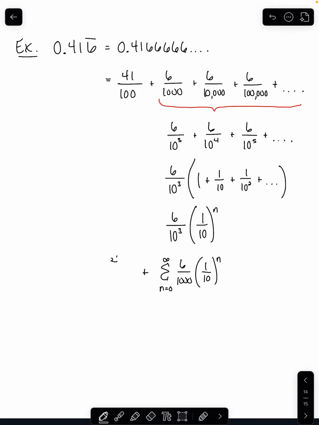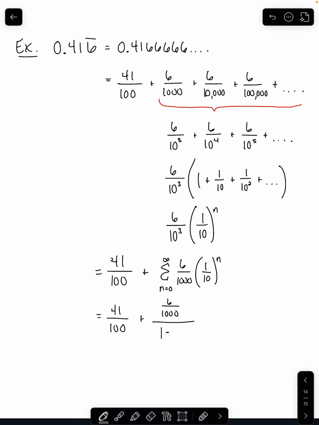Of course, I do still have my separate 41 over 100 in front of this. But now I can use the geometric series formula to evaluate the geometric series and then add the fractions together. So my 41 over 100 is still sitting there. And then I'm going to have 6 over 1,000 in the top.